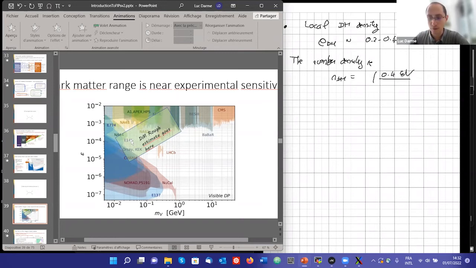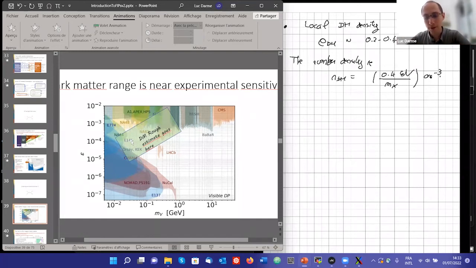So typically you can count on it being something below one dark matter particle per centimeter cubed. So if you're in a situation where the dark matter is below the GeV, it means that you typically have about one particle of dark matter per cubic centimeter, which is quite nice. I mean, if you look in this tiny centimeter cube here, you have already one dark matter particle in it all the time. This is much bigger than in the case of the WIMP. If you take the WIMP, let's say at 1 TeV, then you are at 10 to the minus 3 per cubic centimeter. So it means that you have to take a 10 by 10 box to be able to get one dark matter particle.